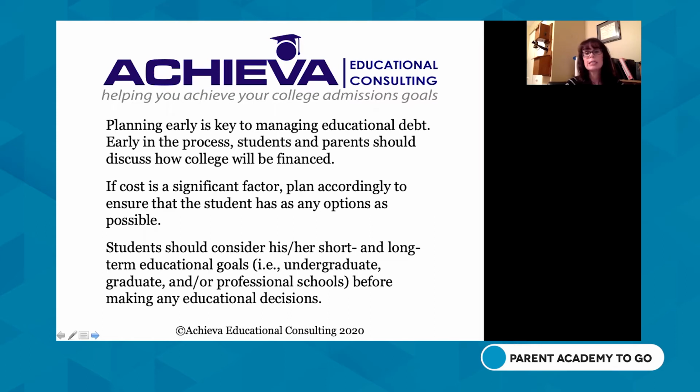And students should consider his or her short-term or long-term educational goals. The vast majority of students now do not end with their undergraduate degree. They are going on to graduate schools or professional schools. And so understanding the amount of money for your vocation is very important if undergraduate education is not your terminal degree.